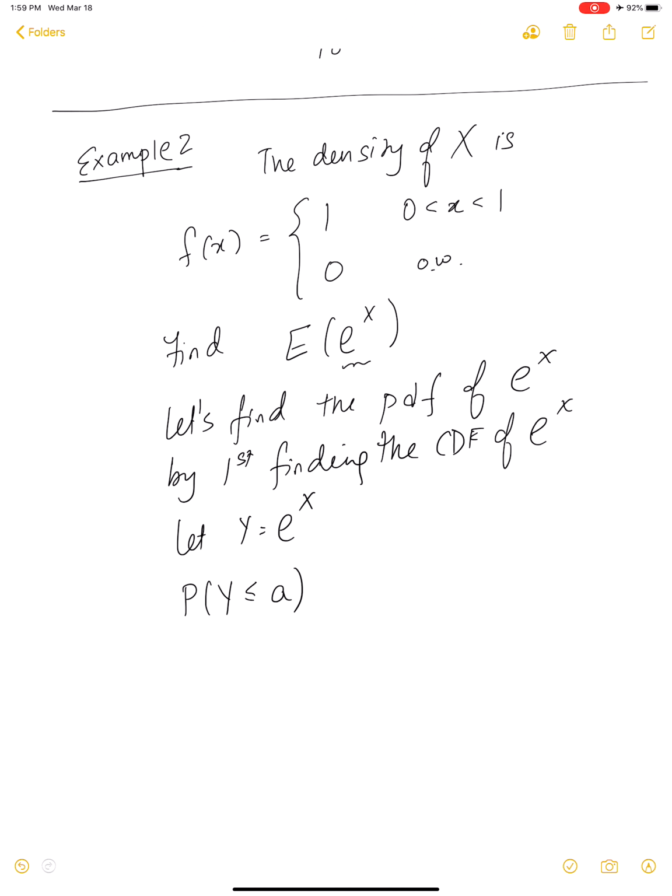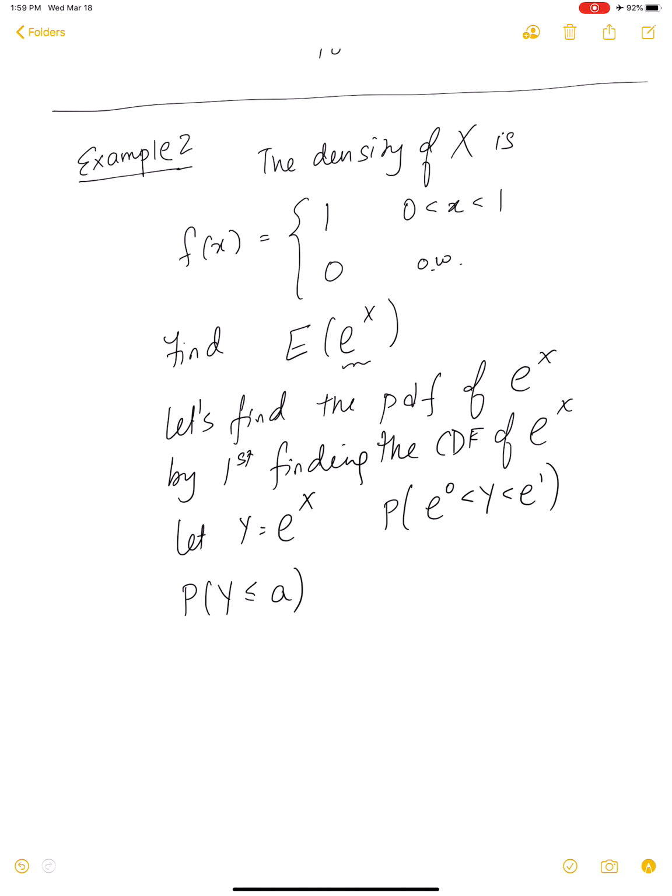So let's take a look over here. Y equals e to the x, okay? You know the random variable x is always between 0 and 1. Okay, so what do you think e to the x is going to be? E to the x will be between e to the 0 and e to the 1.